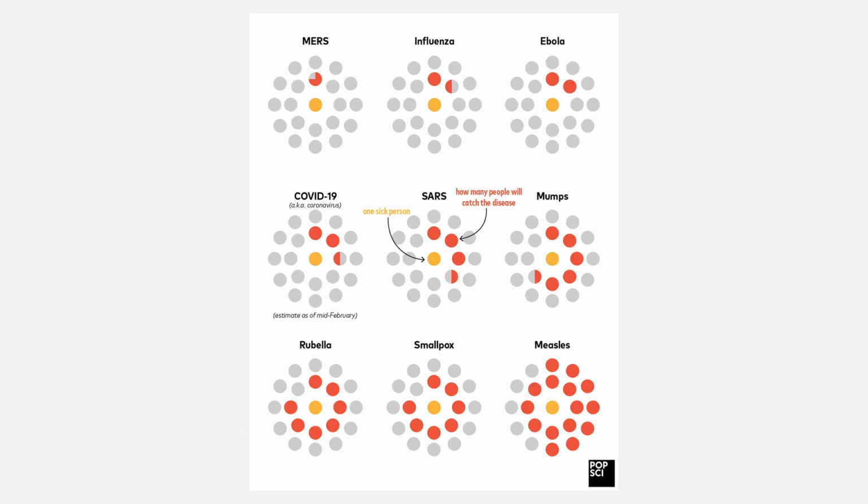So for example, in this graphical representation, we can see that Ebola has an R0 of 2, and that means that every 1 person who is infected with Ebola on average transmits it to 2 other people. Measles, on the other hand, down here is one of the most contagious diseases known, and it has an R0 value of 15, meaning that every 1 person with measles typically gives it to 15 other people.